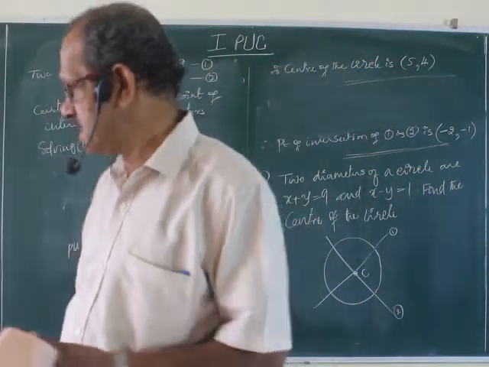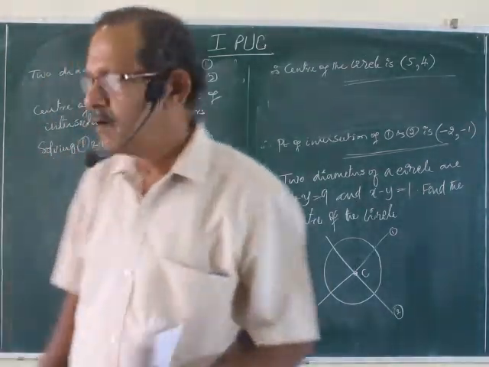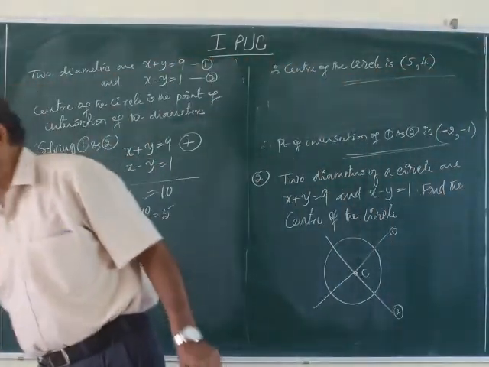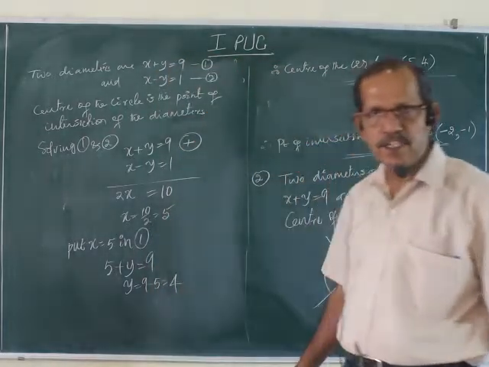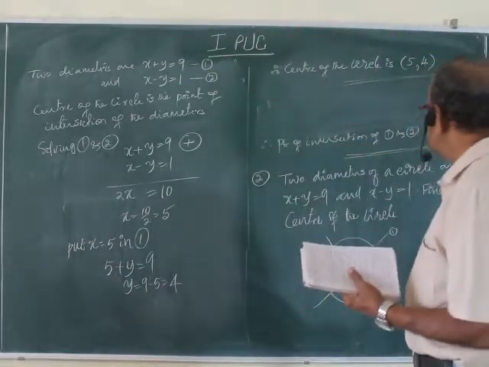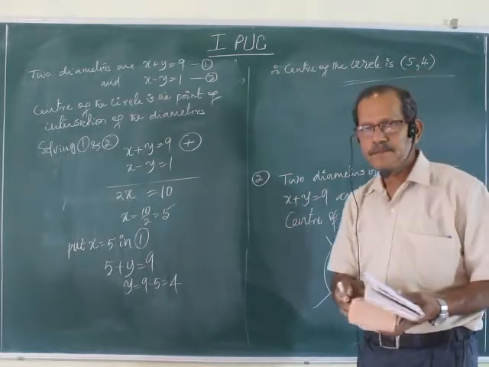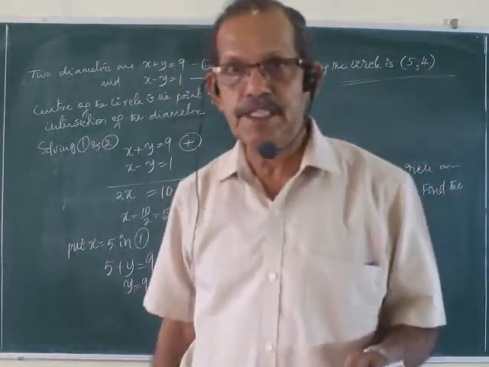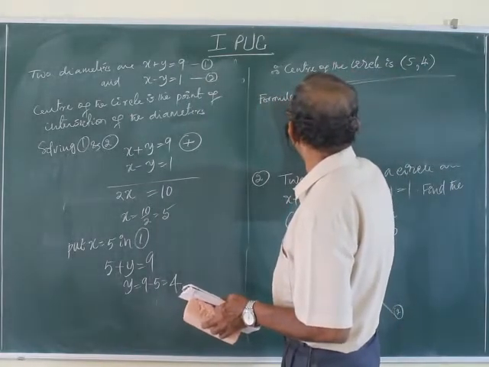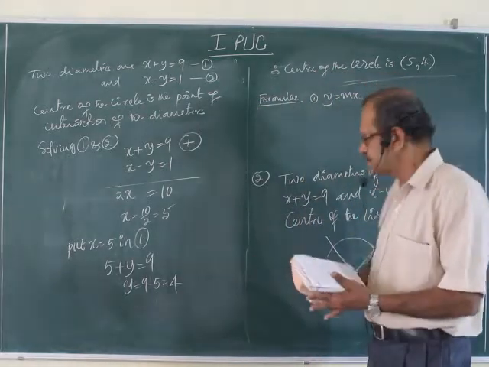That finishes straight lines. But remember, all the formulas I have studied, equations of different straight lines passing through the origin, slope, you have studied different types of straight lines. See, formula: y equal to mx, first formula, right?